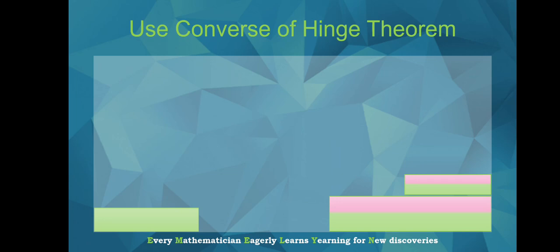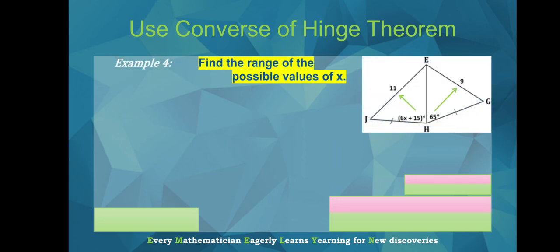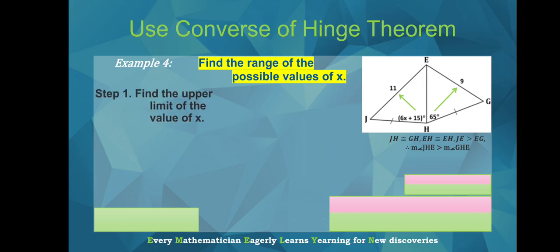Last example. Find the range of the possible values of x. From the diagram, we know that JH is congruent to GH, EH is congruent to EH, JE is greater than EG. Therefore, by converse of Hinge theorem, measure of angle JHE is greater than measure of angle GHE. To find the range of the possible values of x, first find the upper limit of the value of x.